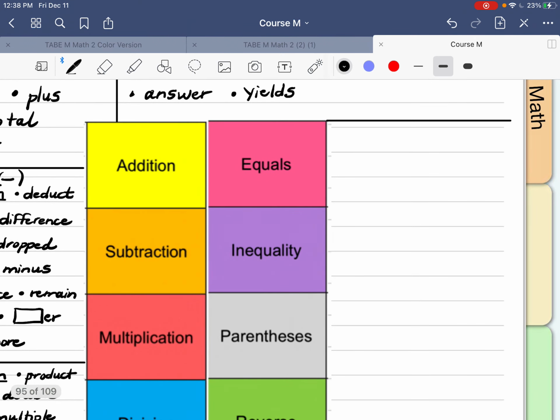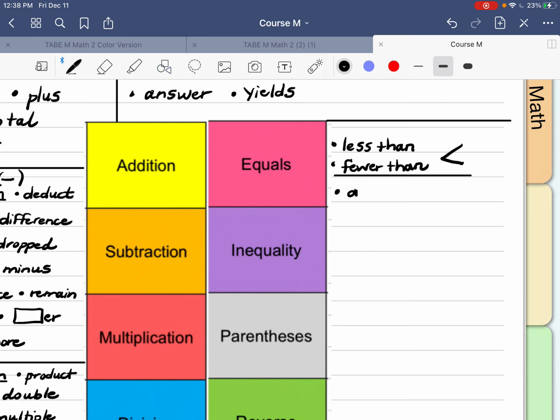So let's look at some words that tell me that there is inequality. Less than and fewer than are going to go with this symbol. And let me draw a line after that one.